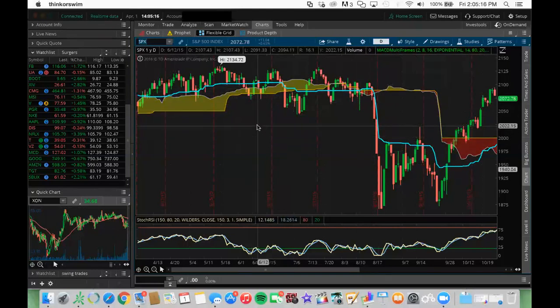Well, there's another thing: you have to look at the cloud direction. A bullish trend for the cloud is when you typically have the yellow cloud trending up, going up like this. So when it's going up, you know it's a bullish trend. So if it breaks down here, it's breaking down inside of a bullish trend still.